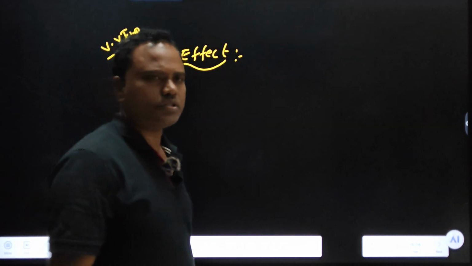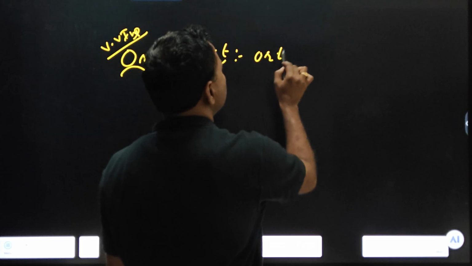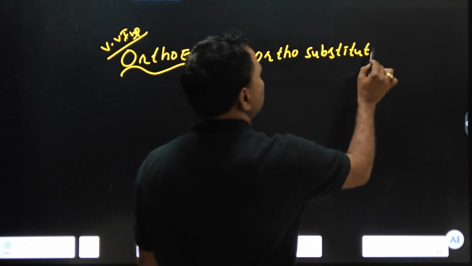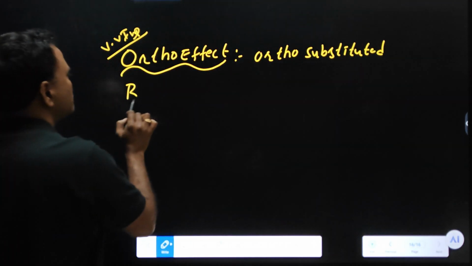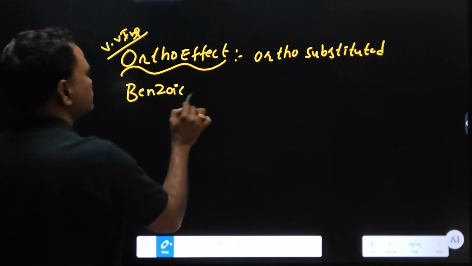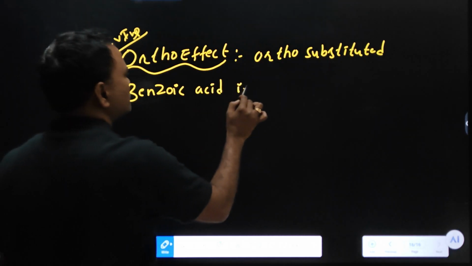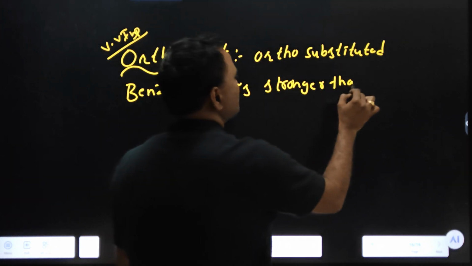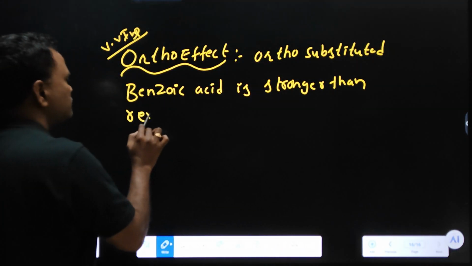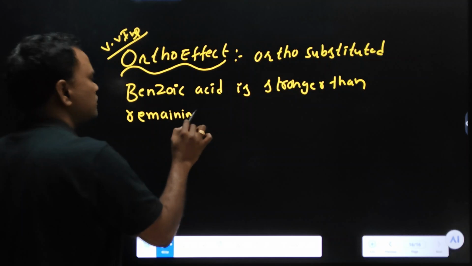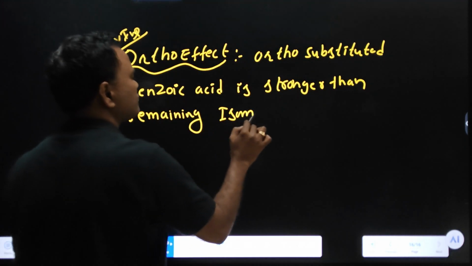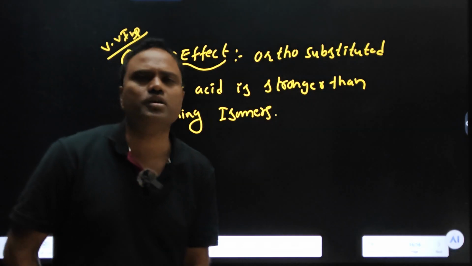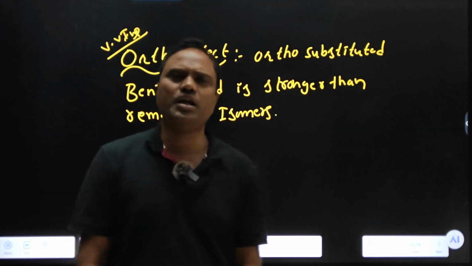First of all, the definition: ortho-substituted benzoic acid is stronger than the remaining isomers. This is called the ortho effect. Ortho-substituted benzoic acid is stronger than the remaining isomers. Remaining isomers means meta and para.